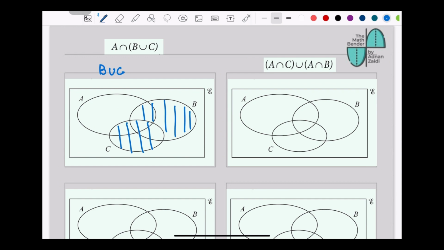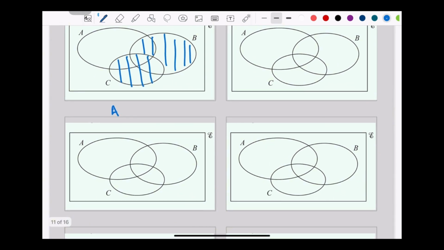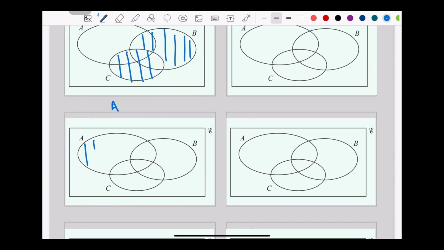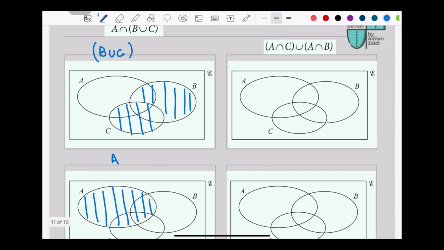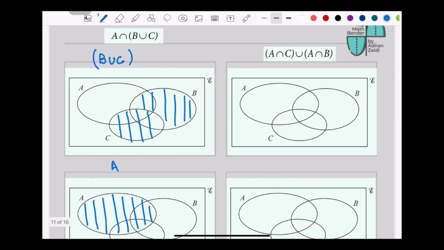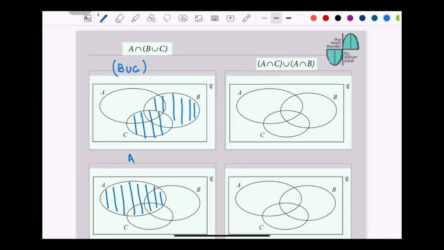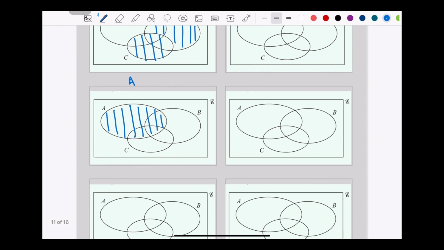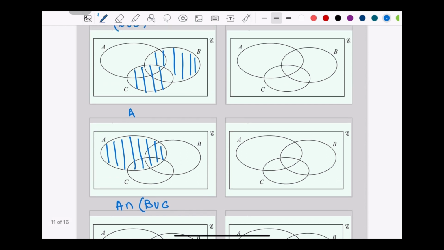Now, let's shade A. So I shade A. Now, you need to shade the intersection of B union C and A. So A intersection with B union C. B union C is all of what you see and A is all of what you see.